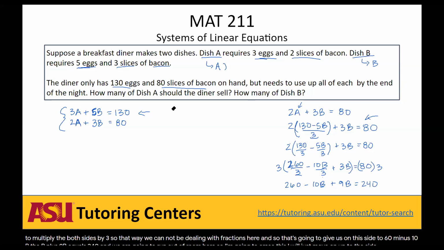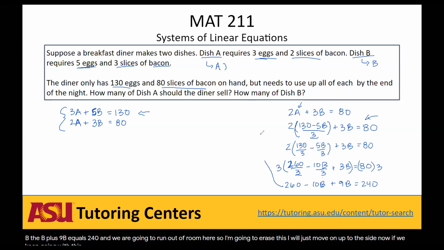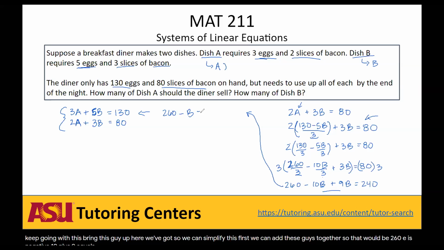So now, if we keep going with this, we can simplify this first. We can add these together. So that would be 260 minus B, since negative 10 plus 9 is negative 1, equals 240.